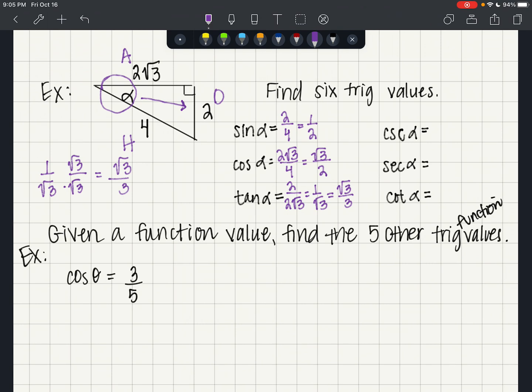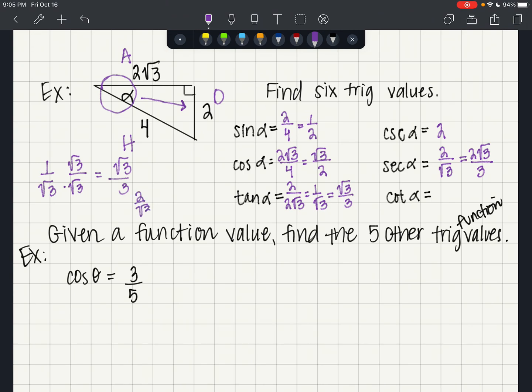The cosecant of alpha is going to be the reciprocal of sine, so it will be 4 over 2 or 2 over 1, which is 2. The secant of alpha will be the reciprocal, so that's 2 over the square root of 3, which is going to rationalize to be 2 times the square root of 3 over 3.